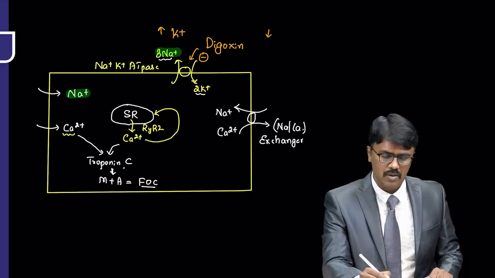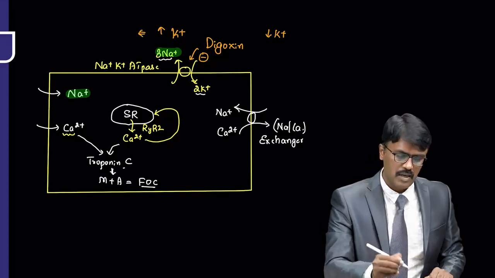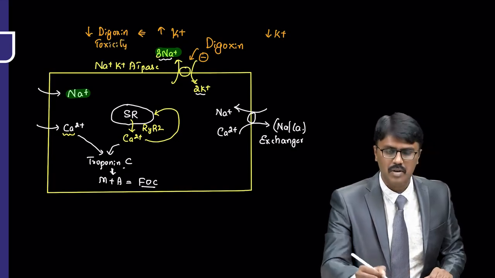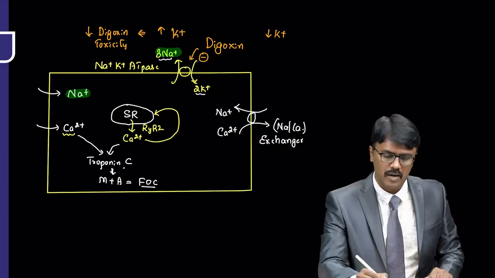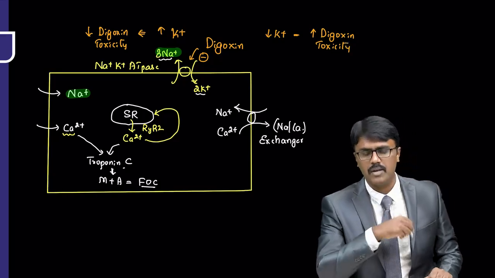When potassium is low, digoxin can bind. So if the potassium is high, it decreases digoxin toxicity. But if the potassium is low, more digoxin binds, and that is responsible for an increase in digoxin toxicity, because more digoxin can bind to the pump and block it.